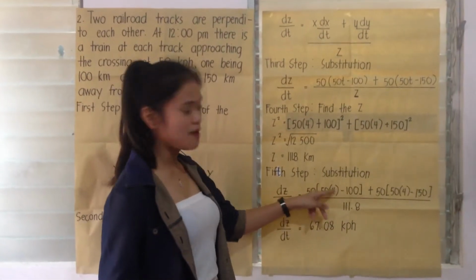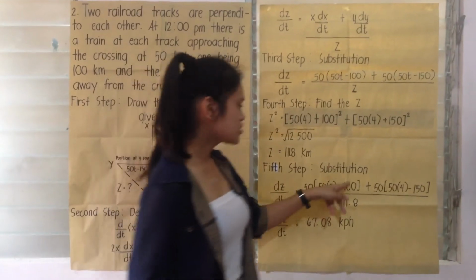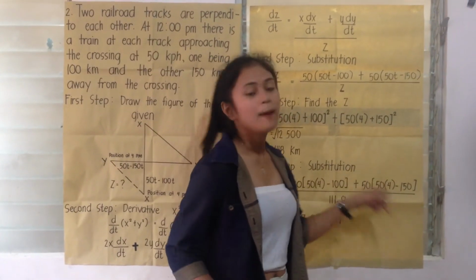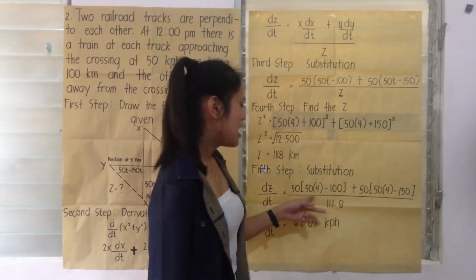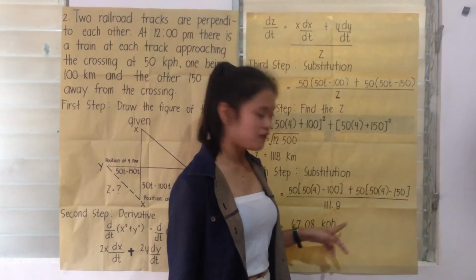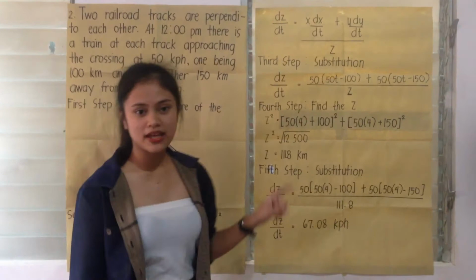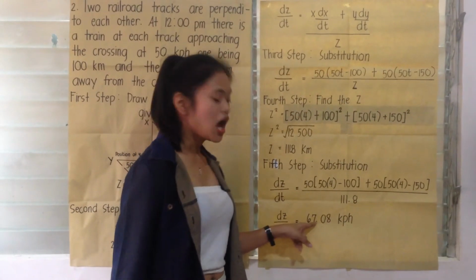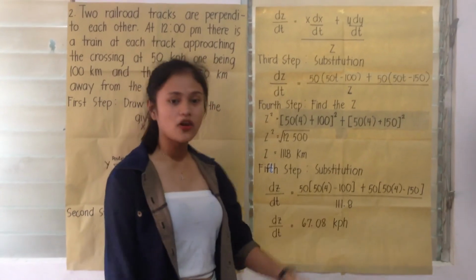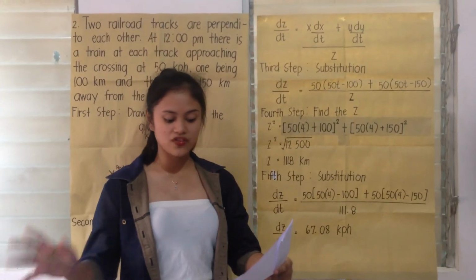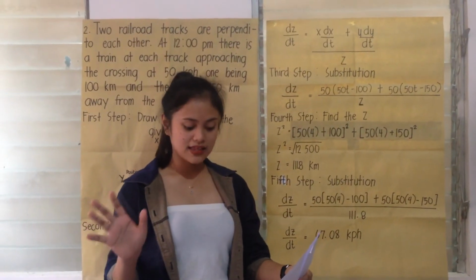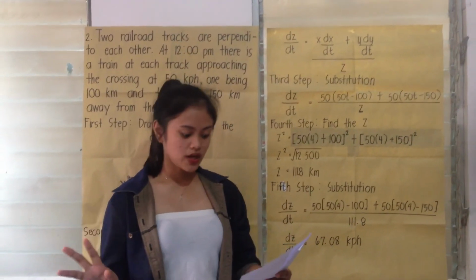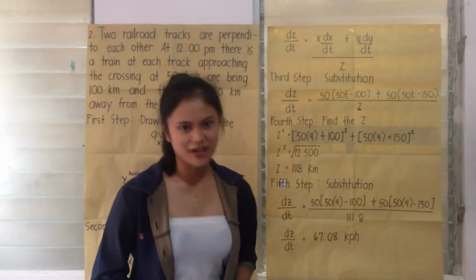So we have the time, which is 4, minus 100 plus 50 times 4 minus 150, divided by 111.8. So now we can get the answer, which is dz over dt equal to 67.08 km per hour. So that is how fast in kilometers per hour the distance between the two trains is changing. That's all.